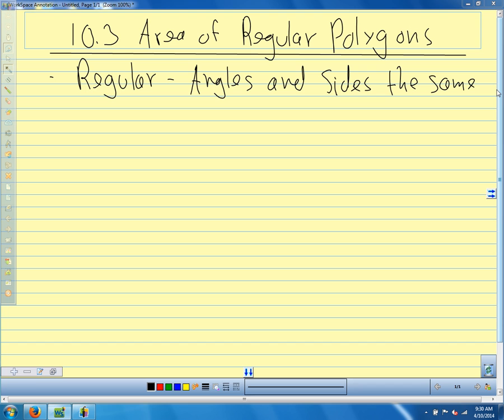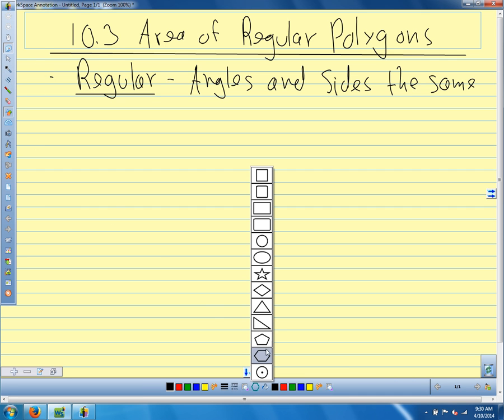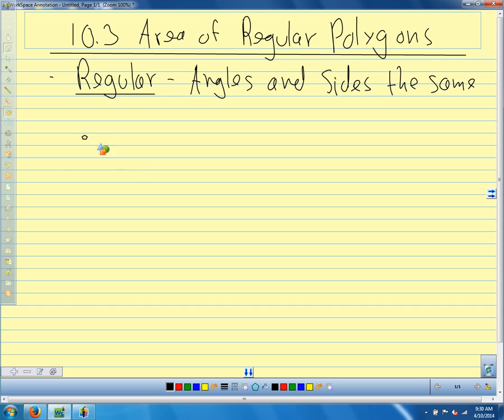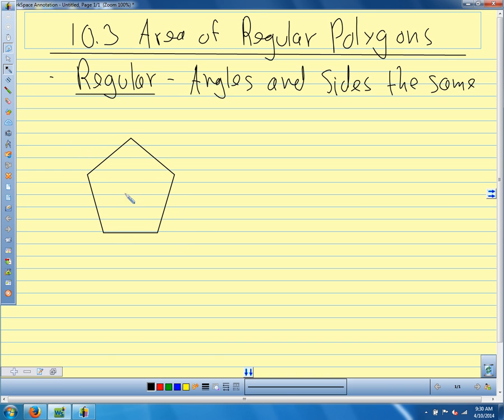So I want to draw a picture and label some parts. We've talked about polygons in the past, so this is kind of a reminder of some of these things. So I'll do a pentagon here. So there's our regular pentagon. This point in the middle is the center.